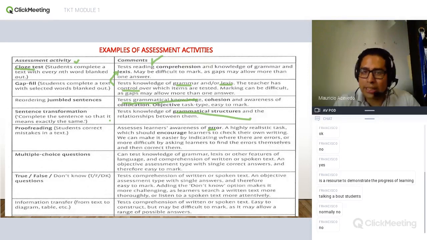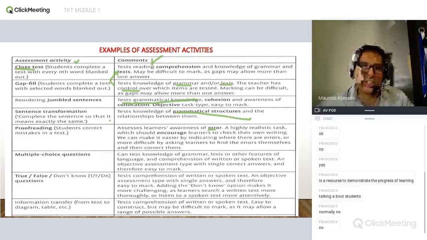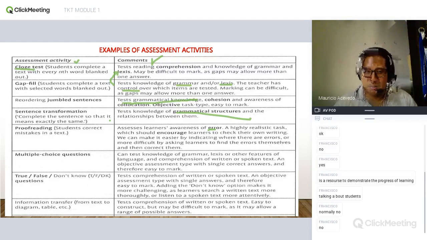We should encourage learners to check their own writing. We can make it easier by indicating where there are errors or more difficult by asking learners to find the errors themselves and then correct them. Okay, so this is especially for writing activities, right? If you ask your students to write a composition and you say, okay, you made mistakes, check them out, but you don't give them options, or you just say, oh, this is wrong, check it out.